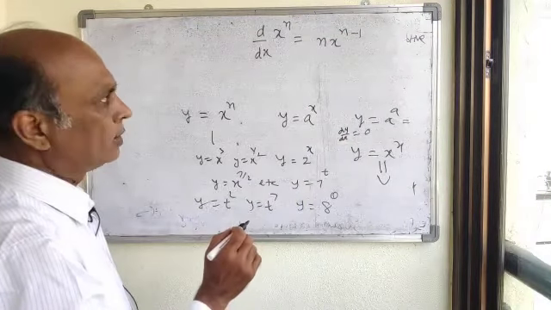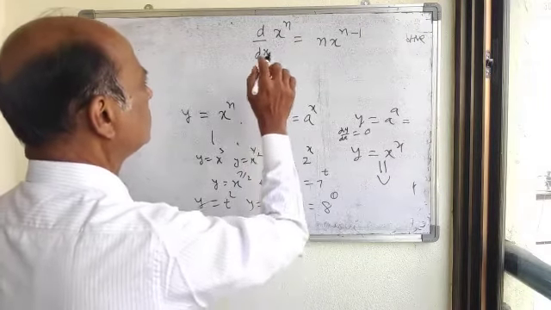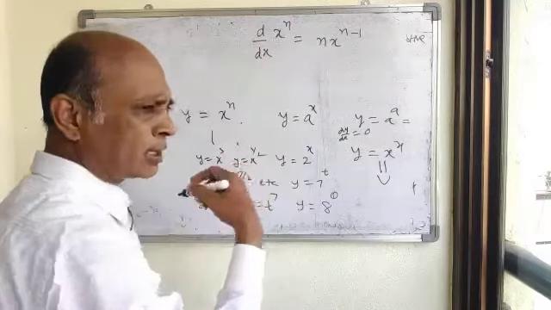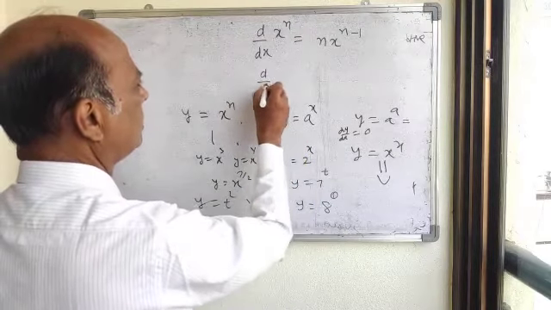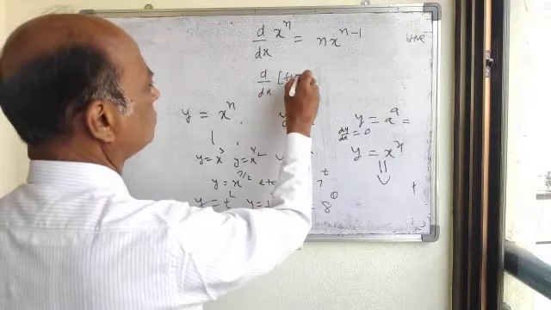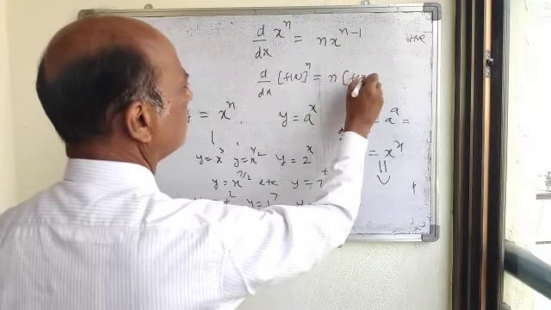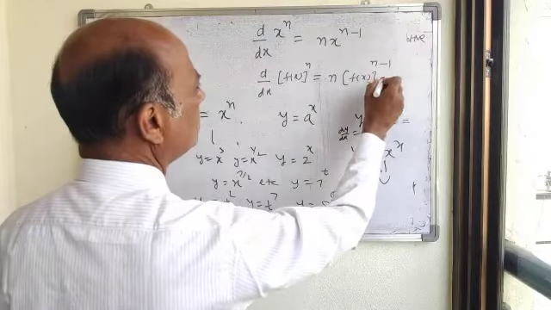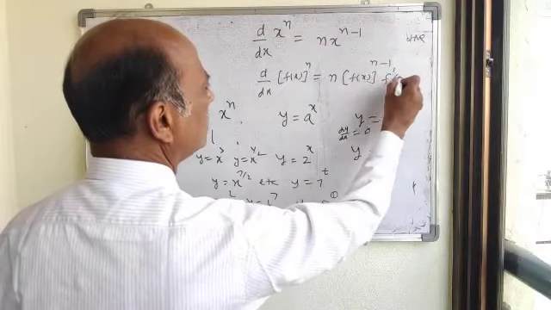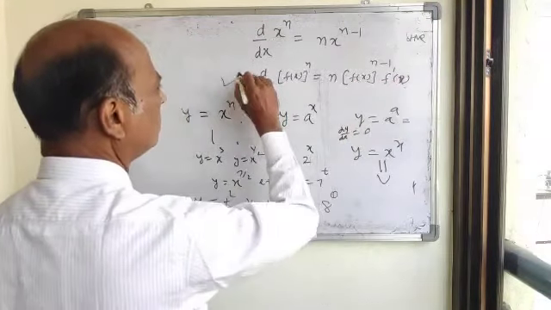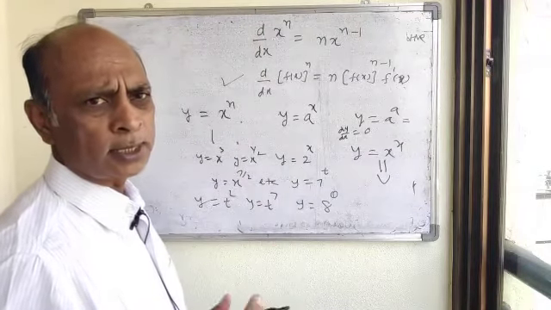It is not only applicable for x but also for some other functions, and we can make such a formula: d by dx of f of x to the power n is equal to n into f of x to the power n minus 1, into, we have to multiply by the derivative of f of x, that is f dash of x. This formula is applicable for any function, sin x, cos x, tan x, cosec x, whatever it may be.